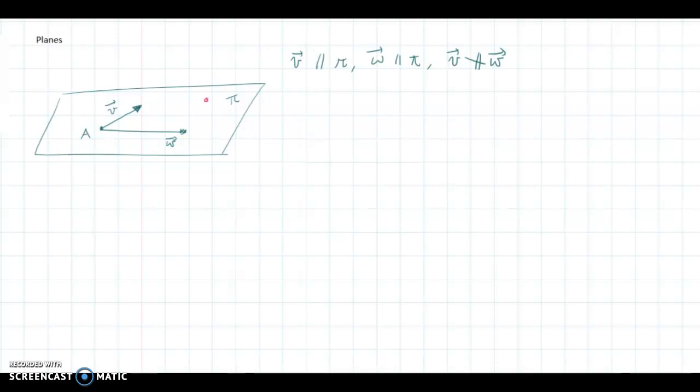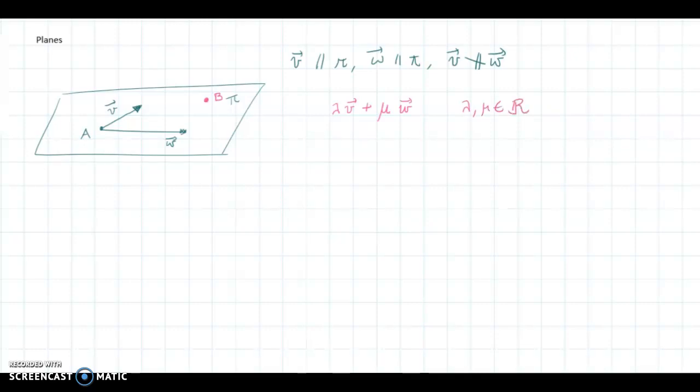Let's say we have a point here, let's call it B. If I want to travel from A to B, I can do so by considering some number lambda multiplying the vector V plus some number mu multiplying the vector W. So lambda and mu are real numbers over here.